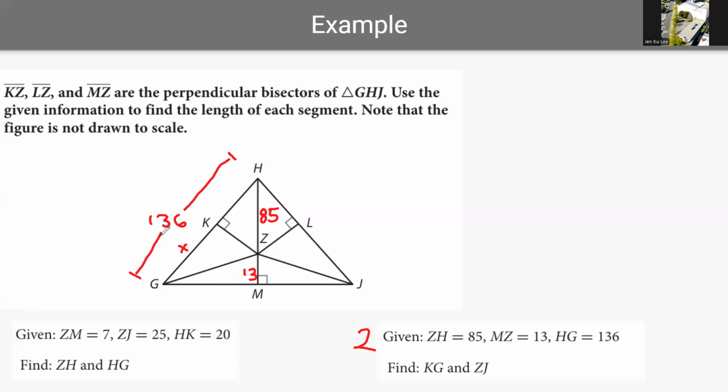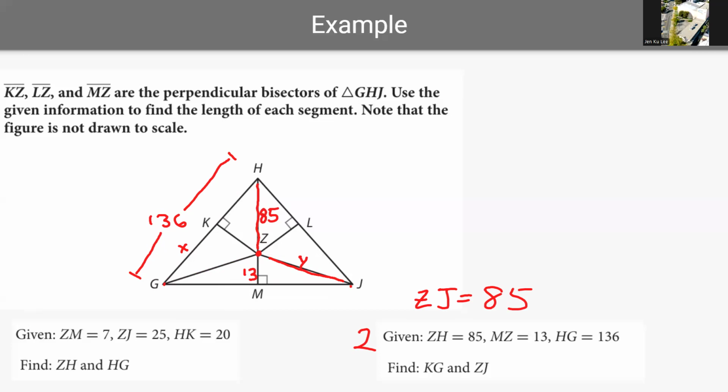We got to find this value, X. And then ZJ, Y. Okay. ZJ is the simplest to find, right? The Y value. Because again, if Z is the point where all the perpendicular bisectors meet, then going to the points of the triangle, they're all equal, right? So if ZH is 85, Y is also 85.